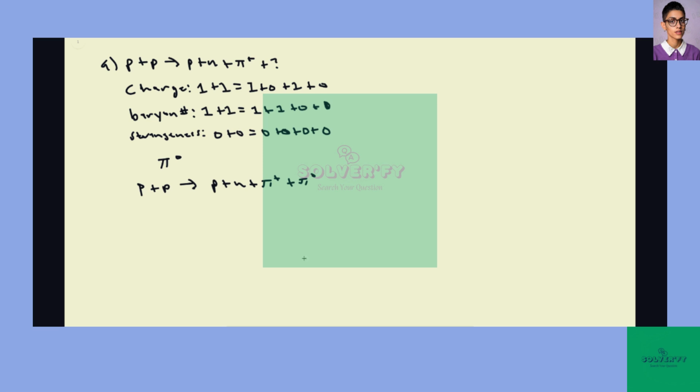Okay, so now the next reaction, B, we have a proton plus some particle goes to a neutron plus an anti-muon. So this is going to be a weak interaction because this product is a lepton.